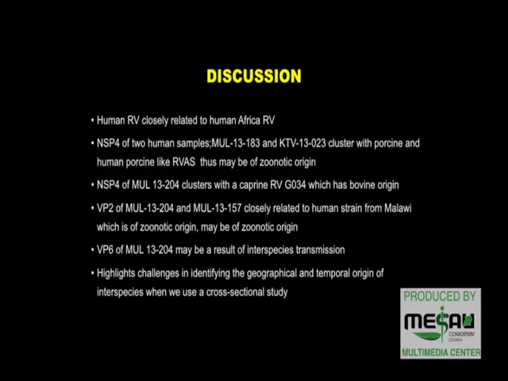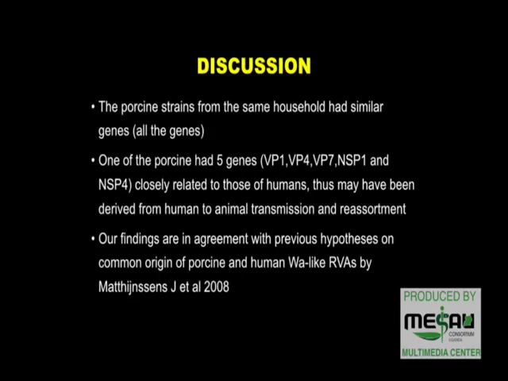So when we look at what I've been describing, it shows that there's really a challenge. When you do a cross-sectional study like we're doing, it's a bit challenging to identify the exact geographical and temporal origin of this interspecies transmission. Also, one of the pig strains had genes which are closely related to those of humans, so we think that they may have been derived from human to animal transmission.